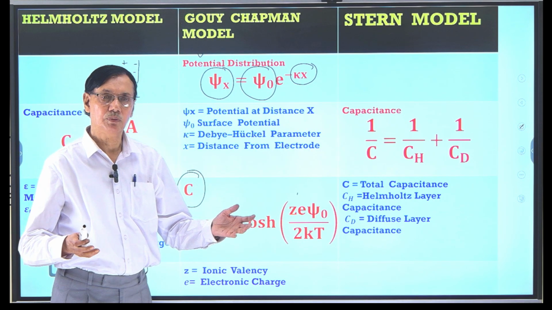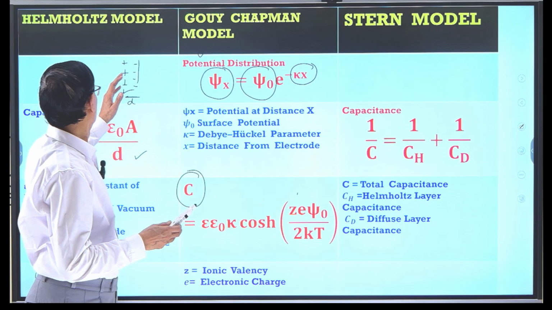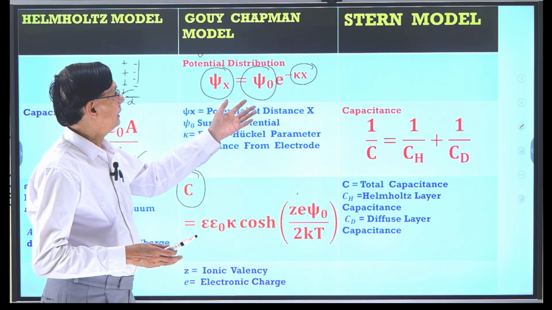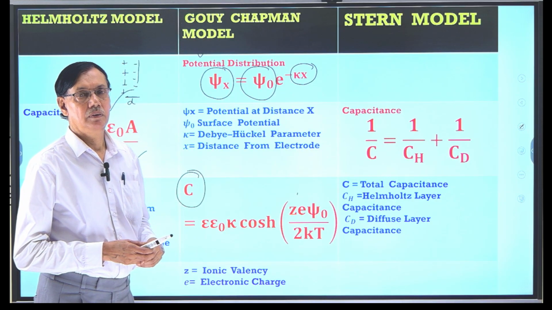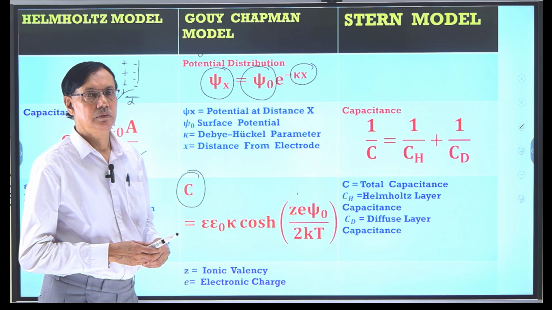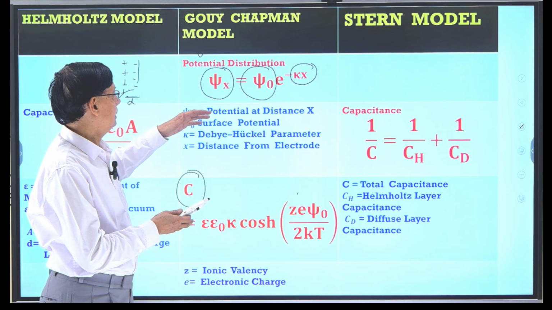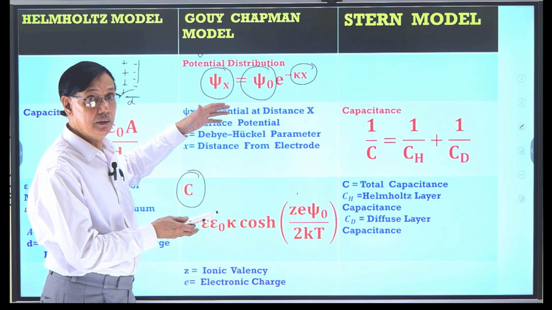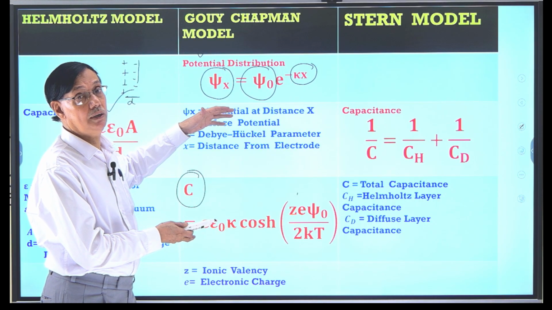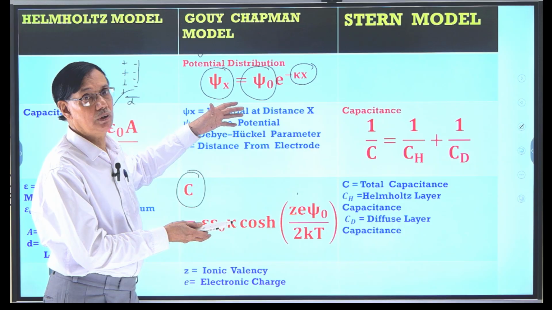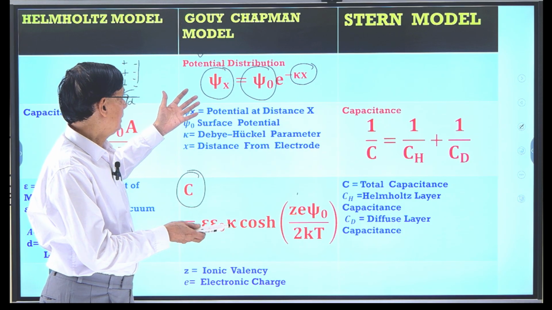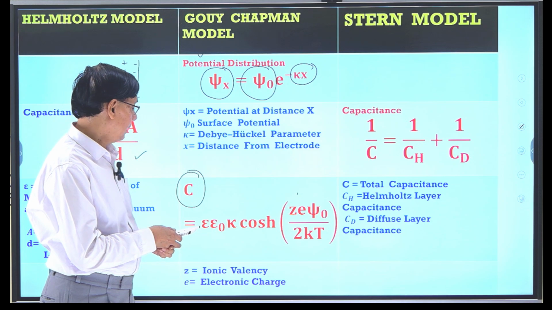Of course, if you compare the derivation of Helmholtz, Gouy-Chapman and Stern model, I can tell you that it is not difficult, but a little bit of mathematics will be required. Poisson distribution law I have to calculate. Maxwell-Boltzmann distribution is also there.